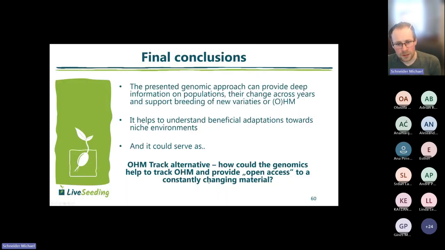Yeah, with this, I want to give some final conclusion. I hope this was quite useful and helpful to give an overview of how you could detect how this organic heterogeneous material changes according to different environments or years. And one additional thing, it could also serve as additional support.